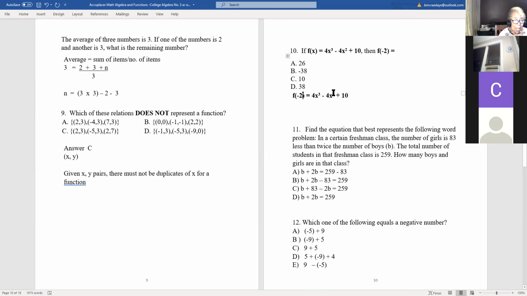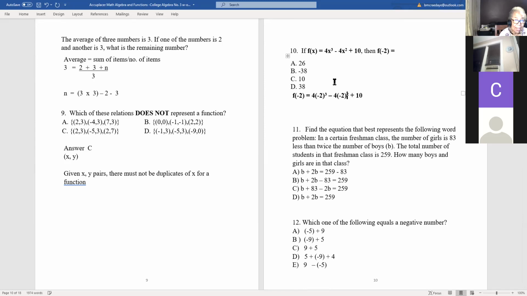Wherever you see that variable X, put -2. See if you can solve this one.